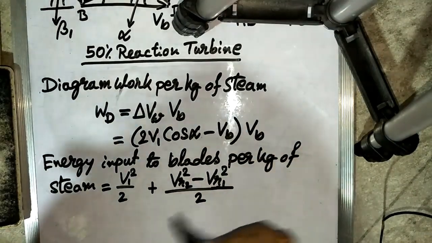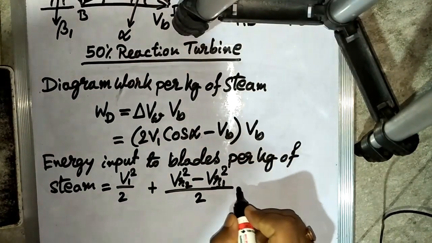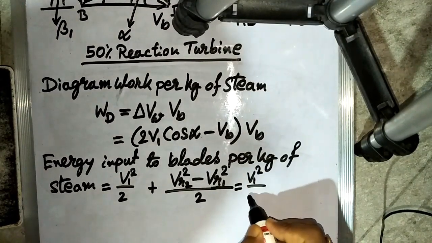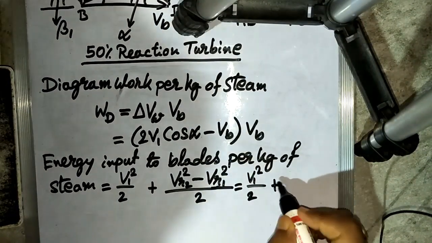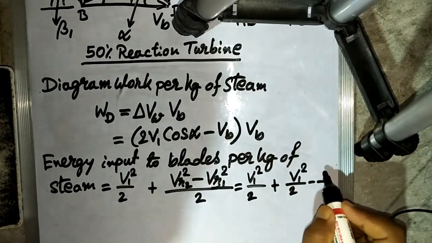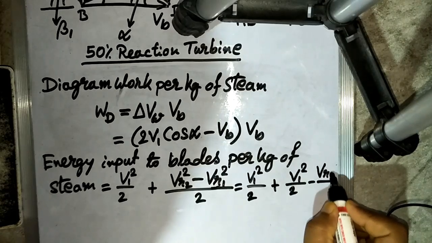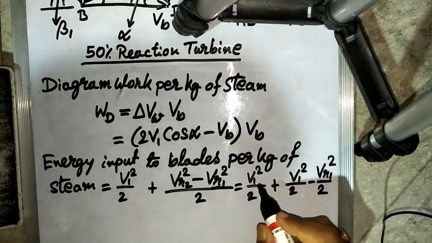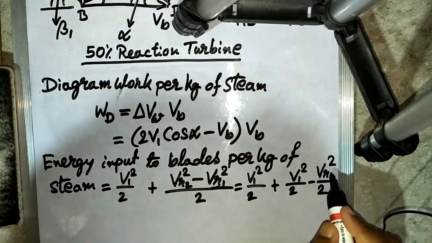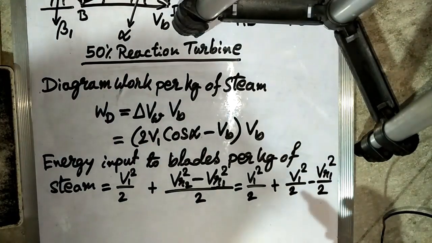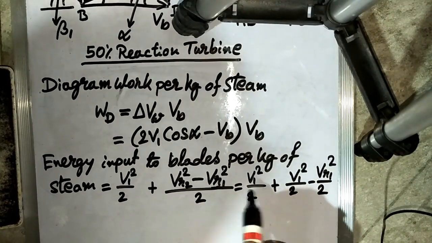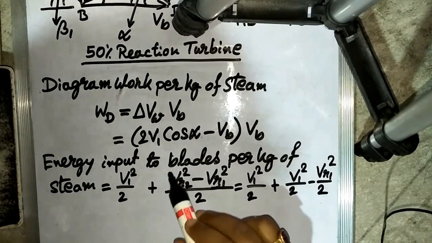Or we can write v1 square by 2 plus v1 square by 2 minus vr1 square by 2, because the value of v1 is equal to vr2, so we can just write v1 instead of vr2.